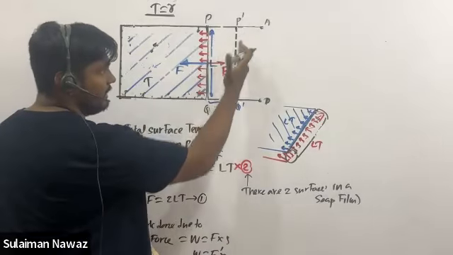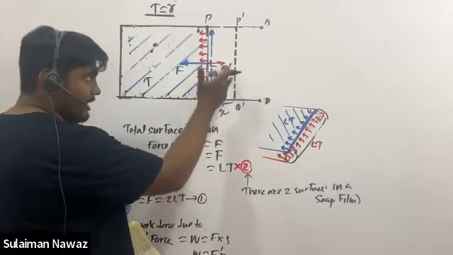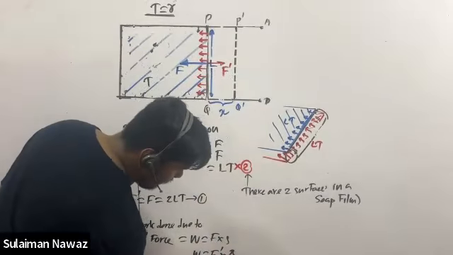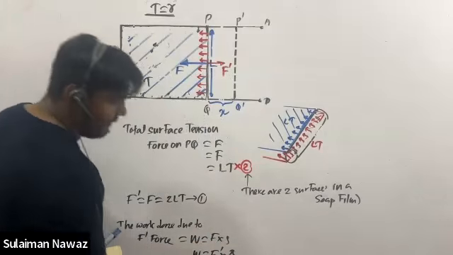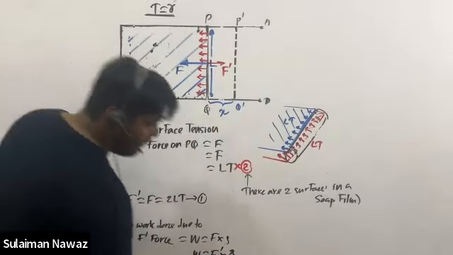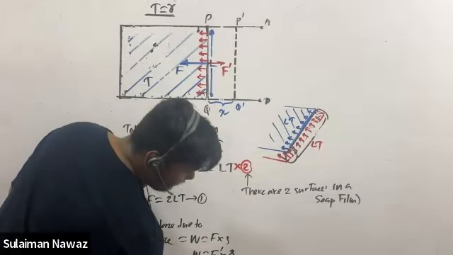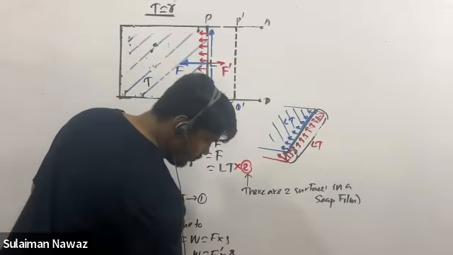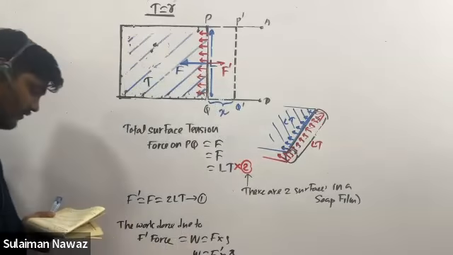This PQ has moved here. Work done means force into displacement, F dash into simple X. Then I can write down W1 equals F dash, F dash equals 2LT, into simple X. This will be my equation 2. Right? Equation 2.